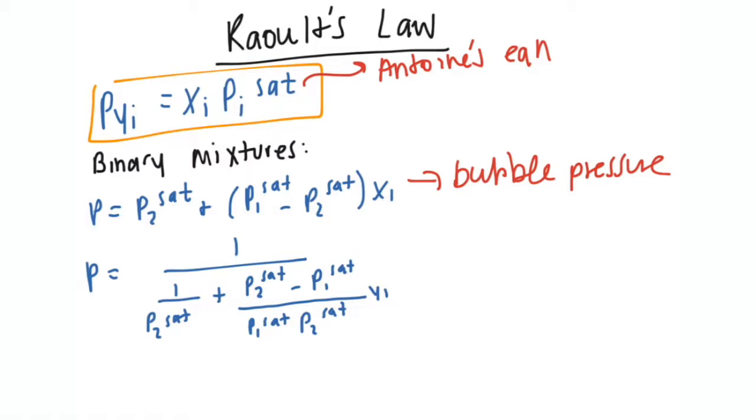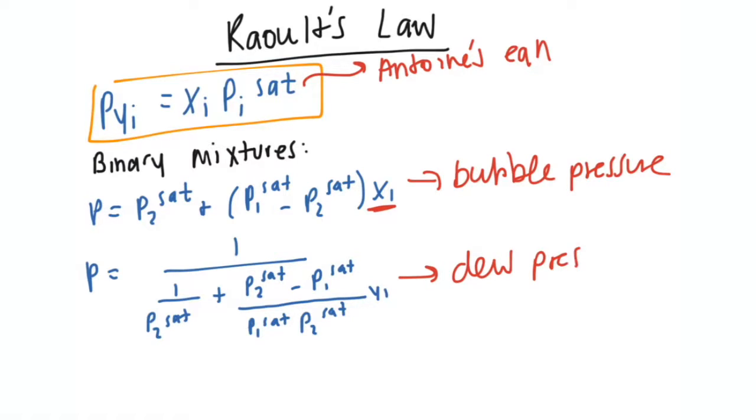So if you want to think of it going from the liquid phase and getting the first bubble, then remember this little x, which is the liquid mole fraction. I'm going from the liquid and I'm getting a first bubble. So I'm mostly liquid at this point. It's only one little bubble. And then here, same thing. This here is used for dew pressure.